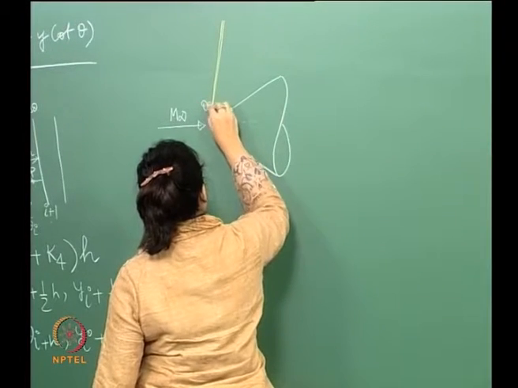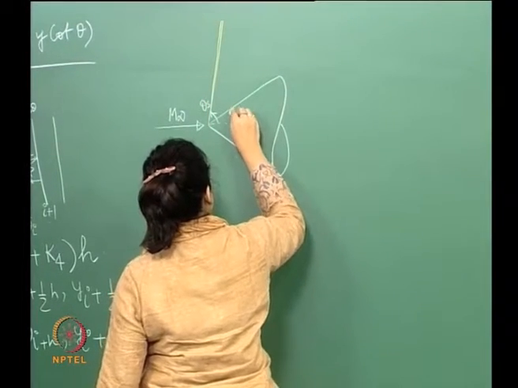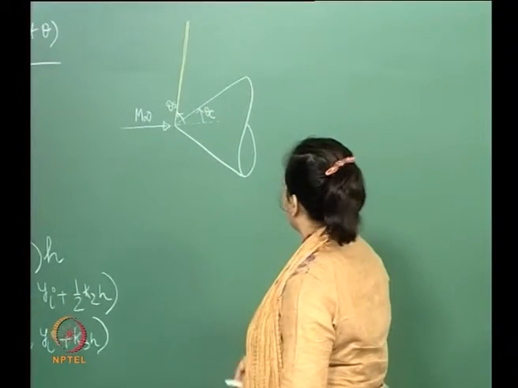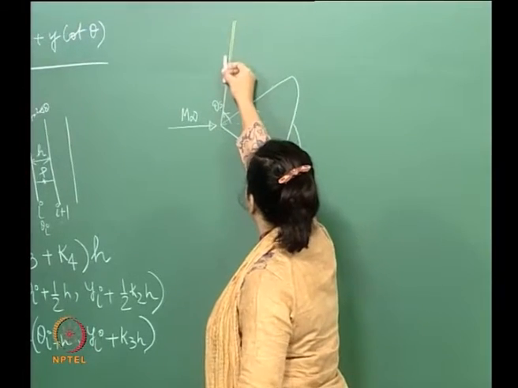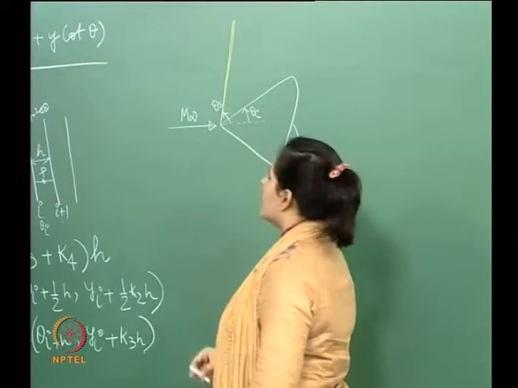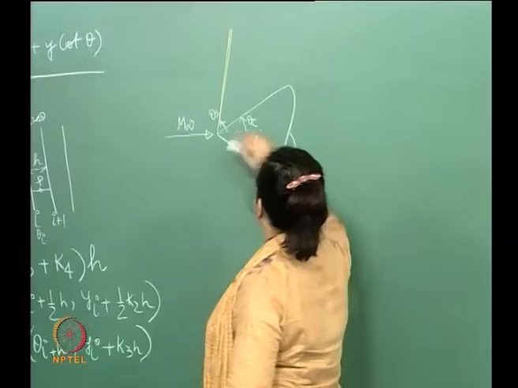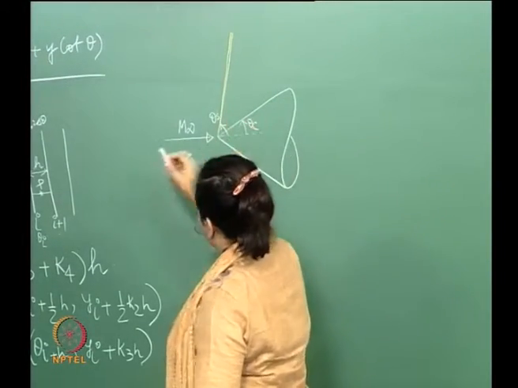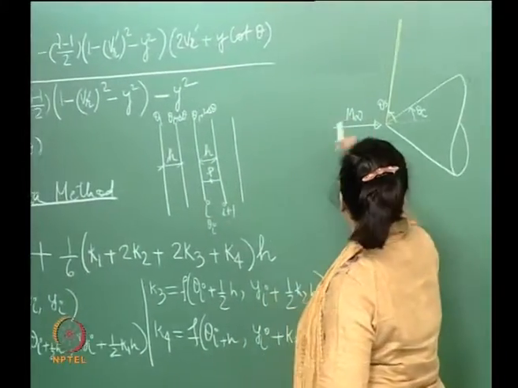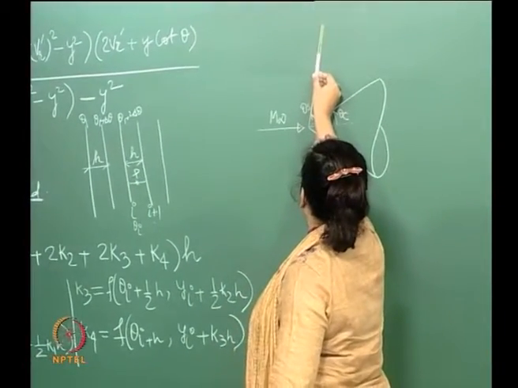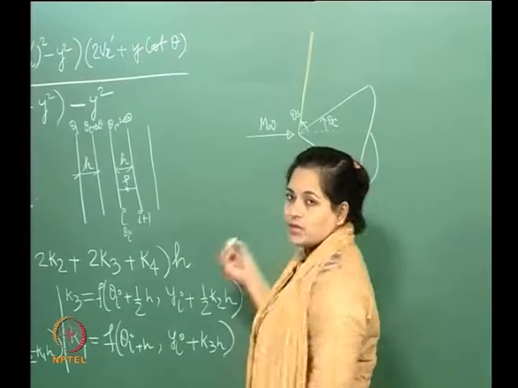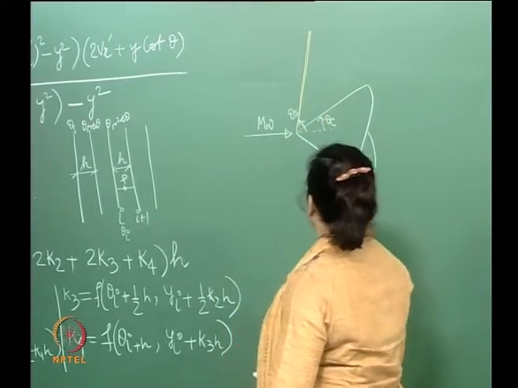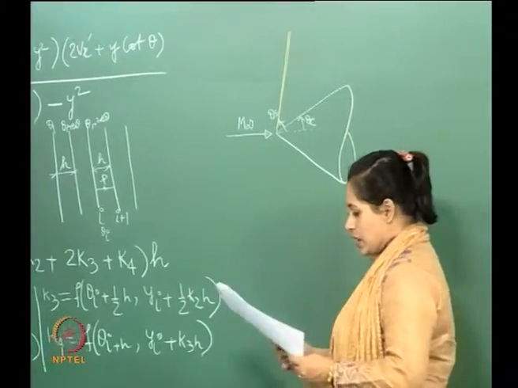So, this is theta s and this is our surface, which is theta c. So, what we are doing here is essentially moving from theta s to theta c. Our steps are basically moving from one theta to the next theta and so on. We move away from the shock towards the surface of the cone.